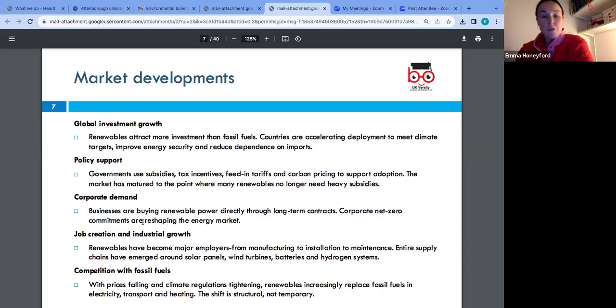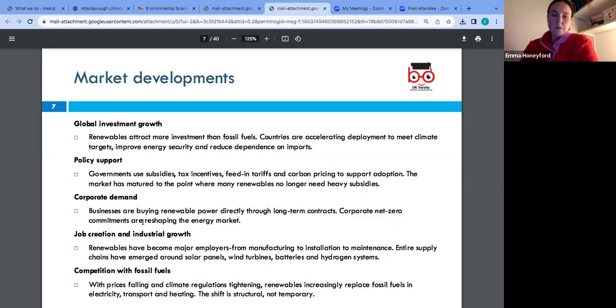Renewables have become major employers, from manufacturing to installation to maintenance. The production of the actual machinery and technology, there's still a manufacturing process involved. So there's still potential for work. Entire supply chains have emerged around solar panels, wind turbines, batteries, and hydrogen systems. So this is positive.